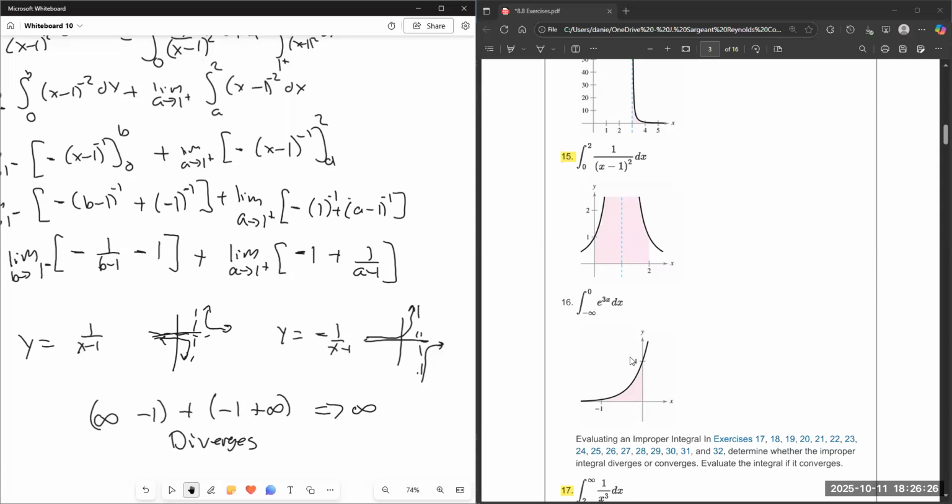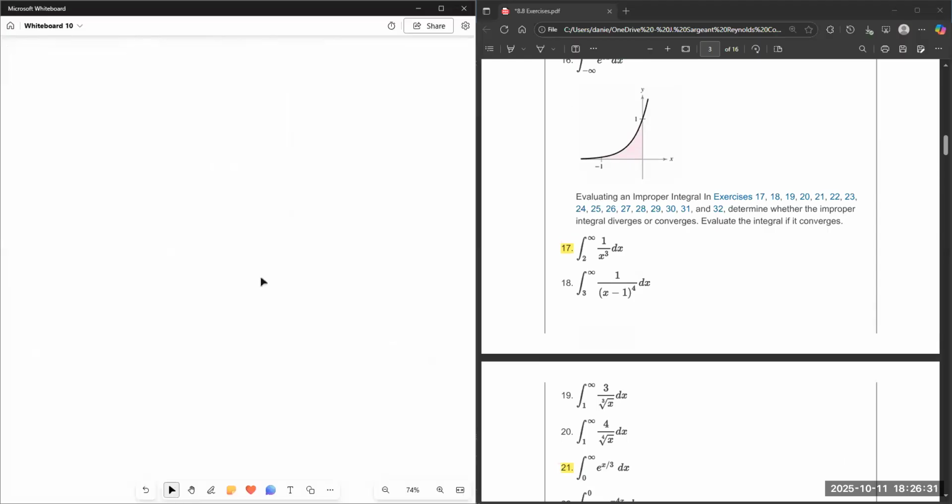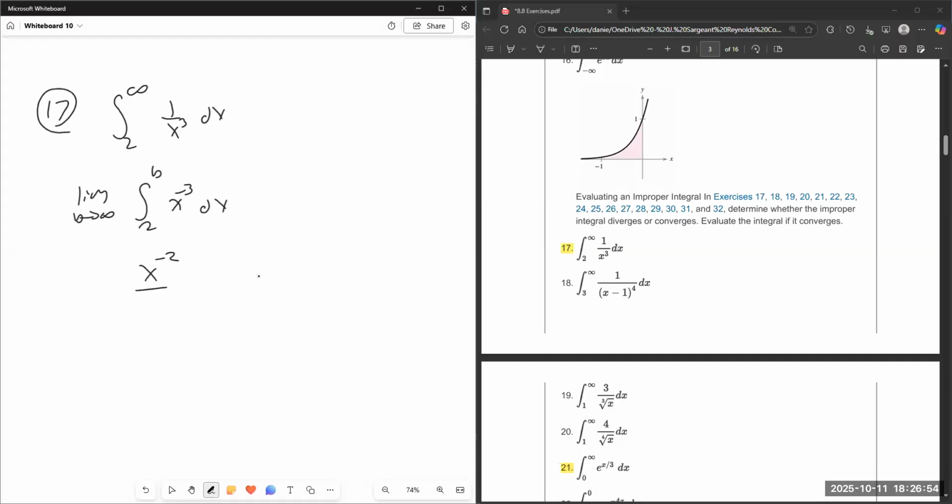Let's look now at number 17. 17 says the integral from 2 to infinity of 1 over x cubed dx. So I'll need the limit as b goes to infinity of the integral from 2 to b of x to the negative third dx. And that will be x to the negative second over negative 2, from 2 to b, limit as b goes to infinity.